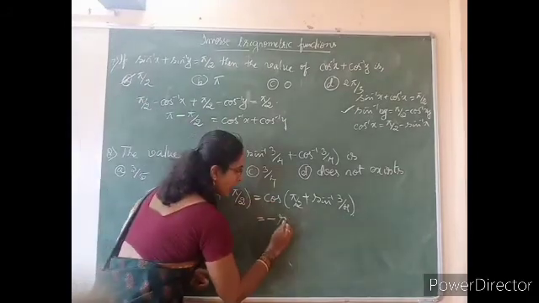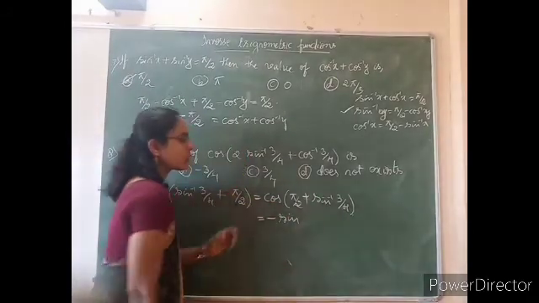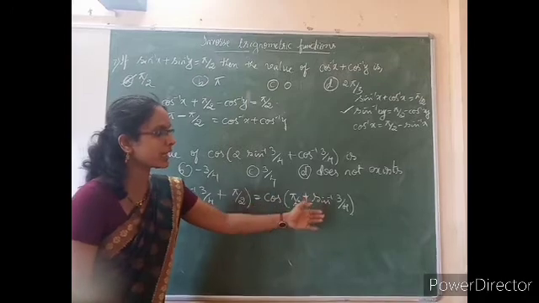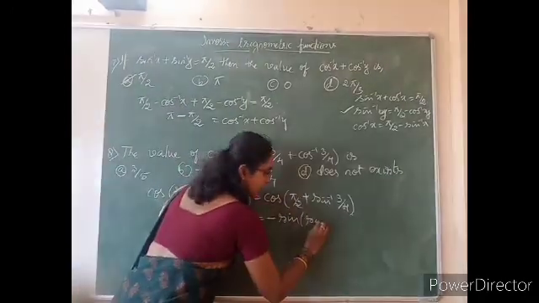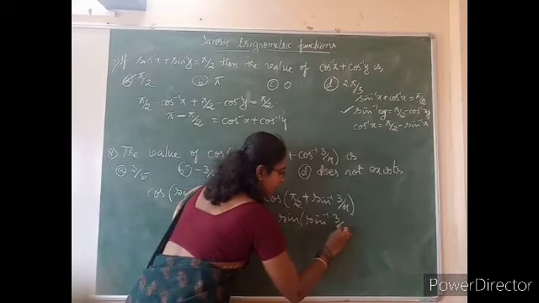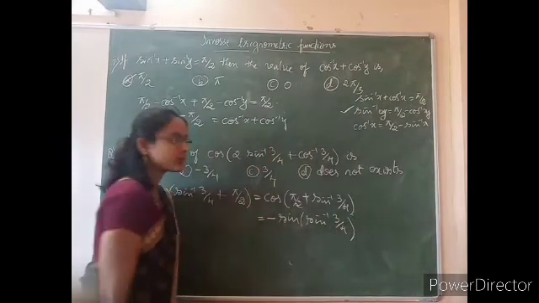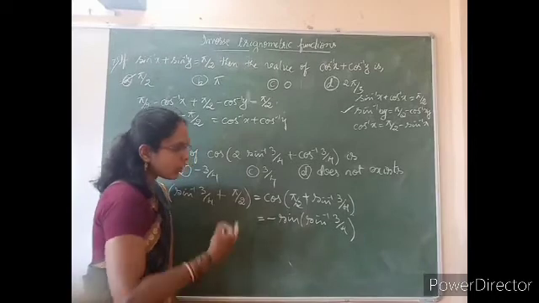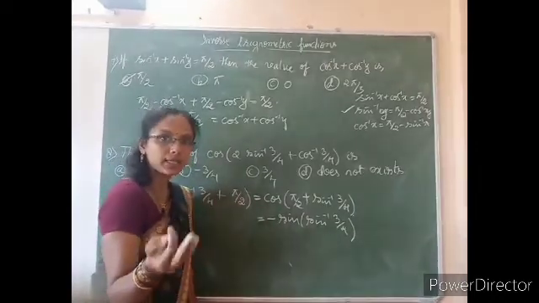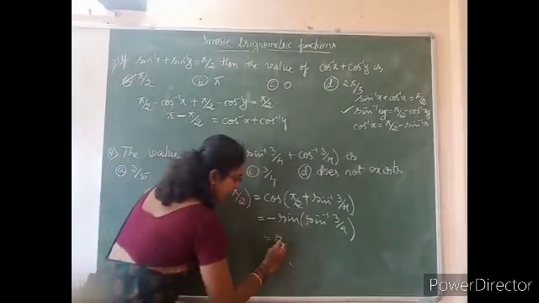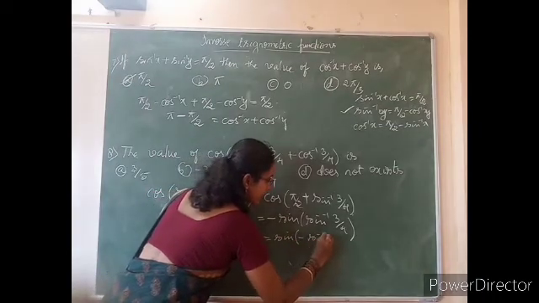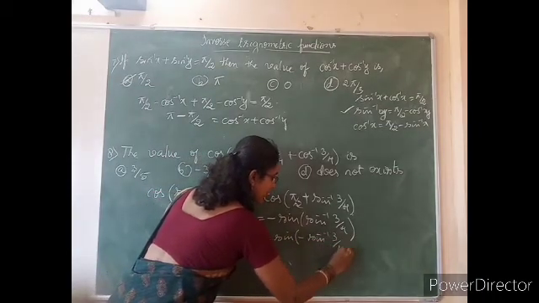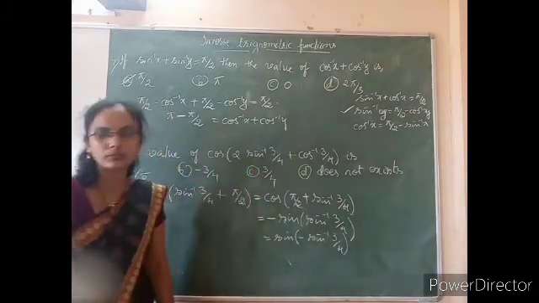Instead of cos we have to write sine here. Therefore cos of pi by 2 plus sine inverse of 3 by 4 is minus sine of sine inverse of 3 divided by 4. And using the concept sine of minus theta is equal to minus sine theta, we write this as sine of minus sine inverse of 3 divided by 4 here.